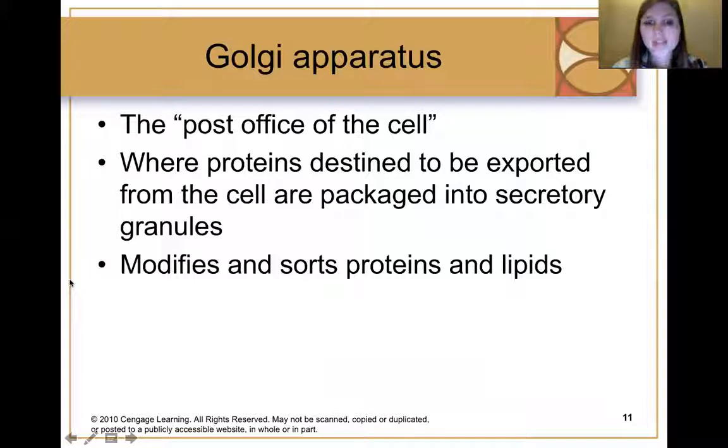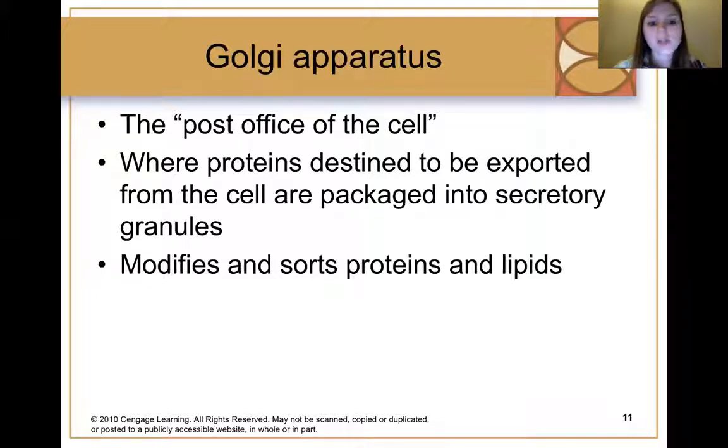So if you remember back to the picture, we had that green kind of, it almost looks like a maze type thing, called the Golgi apparatus. So what that does, and I've always heard it called the post office of the cell, and that always helps me keep it straight with its function.